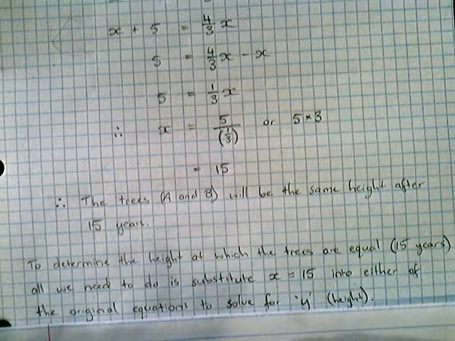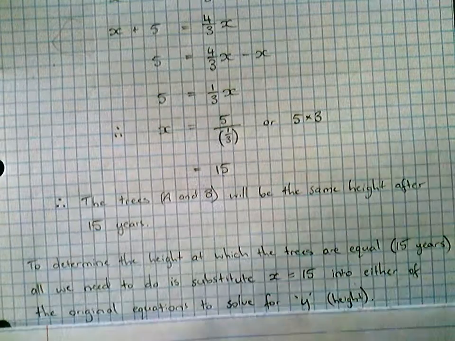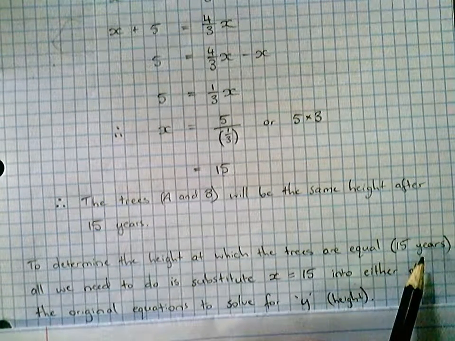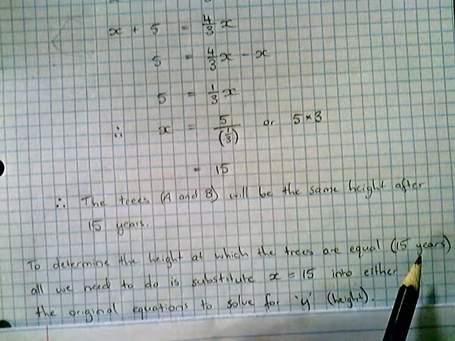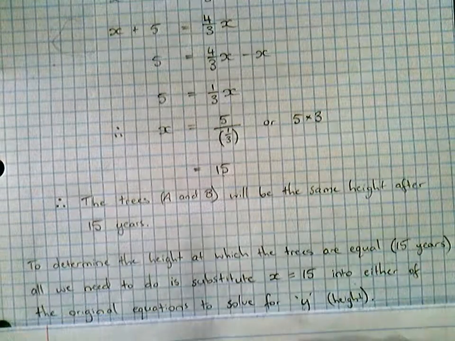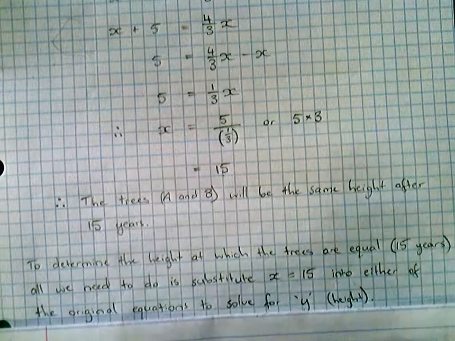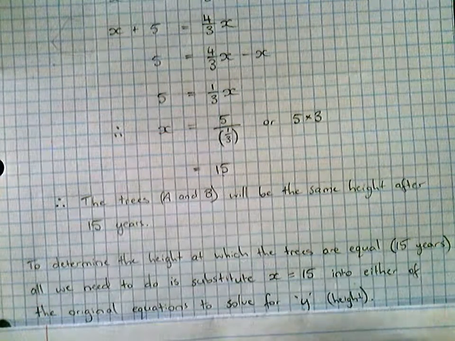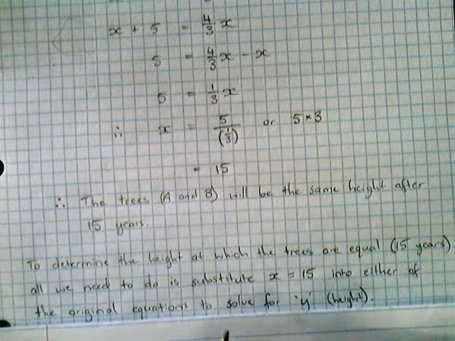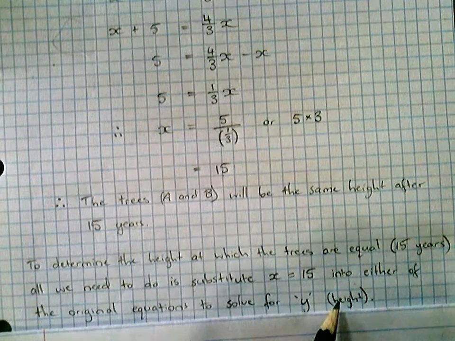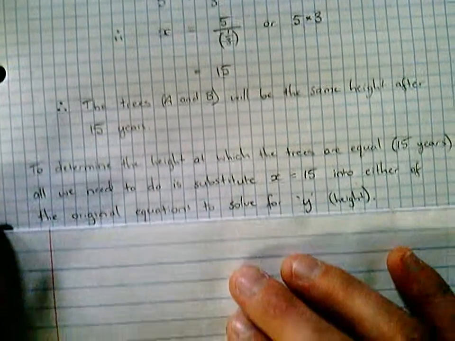To determine the height at which the trees are equal, which is the time 15 years, so 15 years is when the trees are equal in height, all we need to do is substitute the value x equals 15 into either of the original equations, being equation 1 or 2, to solve for y, which is our height.